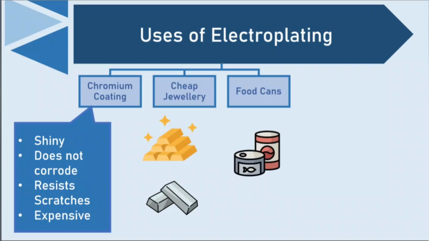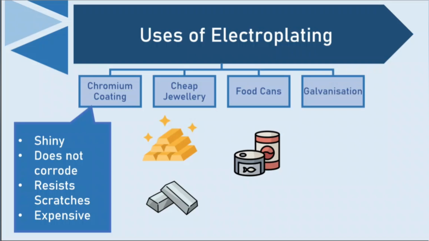This way, they have the strength of iron, but as iron is more reactive, the reactivity of iron is suppressed by tin that is electroplated on its outer covering. And therefore, the can is sustainable, that is, it lasts longer because of iron, as well as it does not react with the stored food because it has a tin coating.